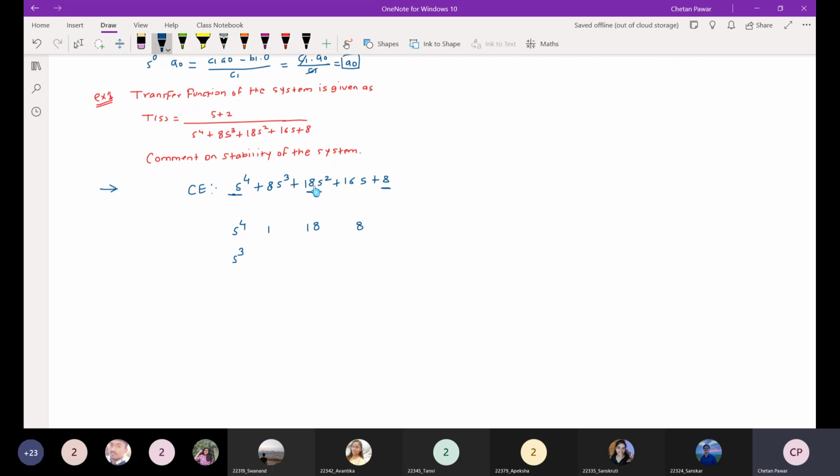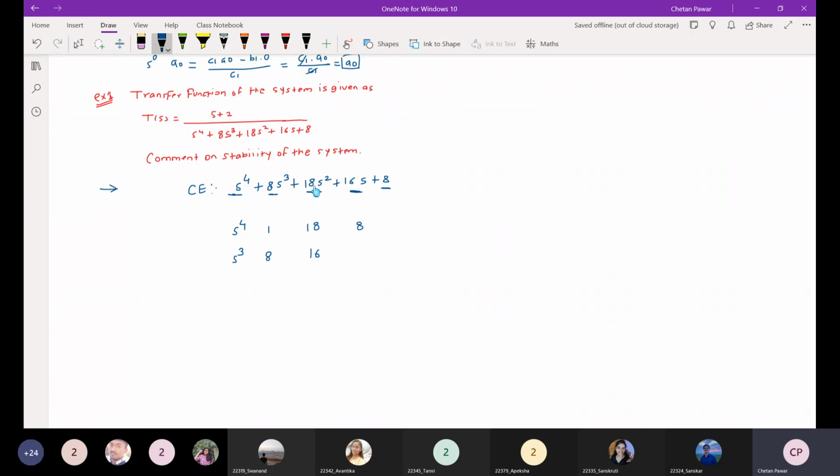Now the next row will be s raised to 3. Okay. Now this is odd, so I will take odd order term coefficients. So 8, 16. Okay. So now here you can see 8 and 16.